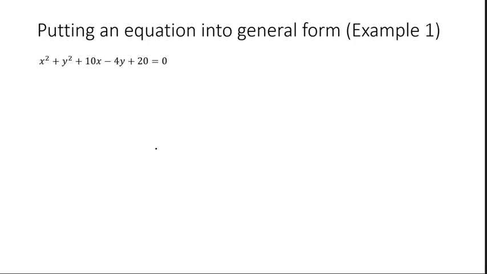And this first one right here, we see this equation. All right, at first glance, you might be a little overwhelmed. You see just a lot of variables and a lot of terms. But big picture, what we want is x plus or minus something squared plus y plus or minus something squared equaling a number.